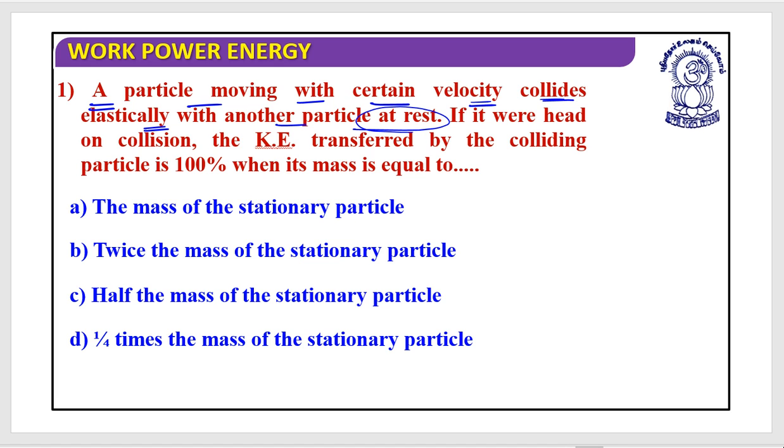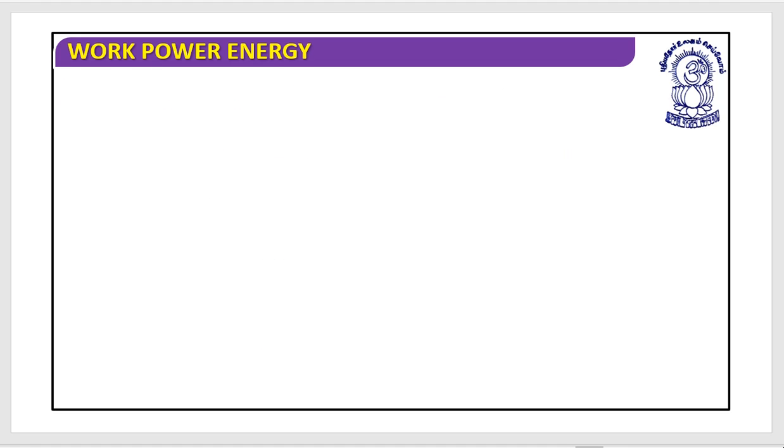If it were a head-on collision, the kinetic energy transferred by the colliding particle is 100% when its mass is equal to... So two bodies are there, one of the bodies is at rest initially, that has been given, and they said the kinetic energy transferred by the colliding particle is 100% when its mass is equal to, so what could be done?